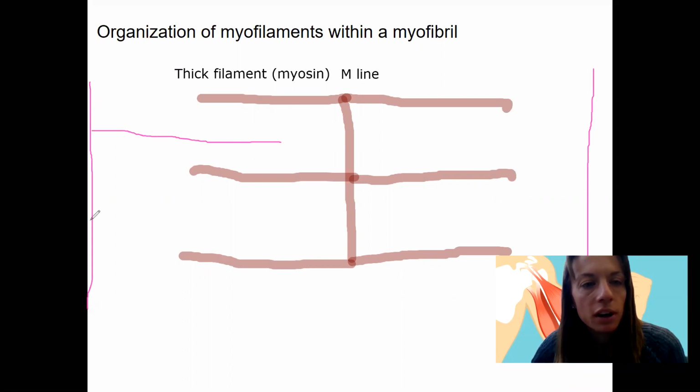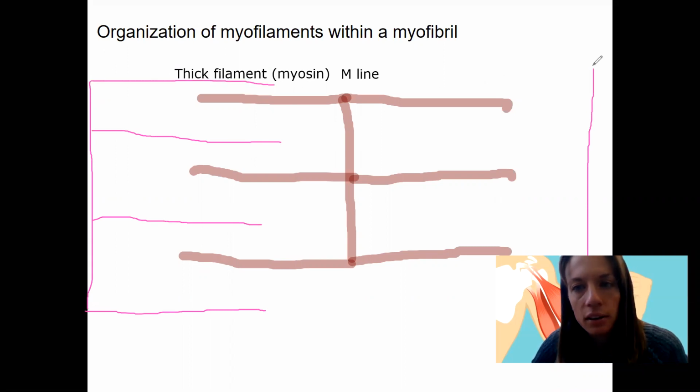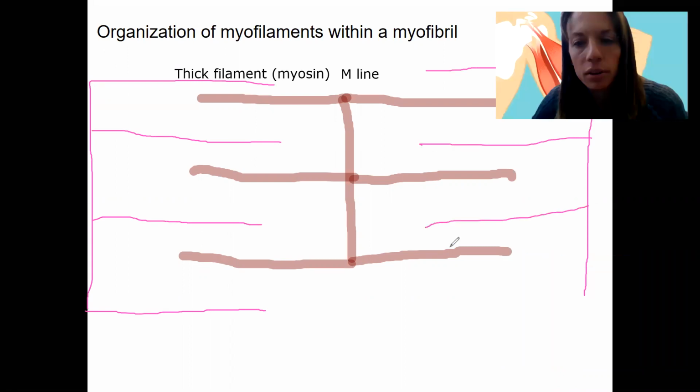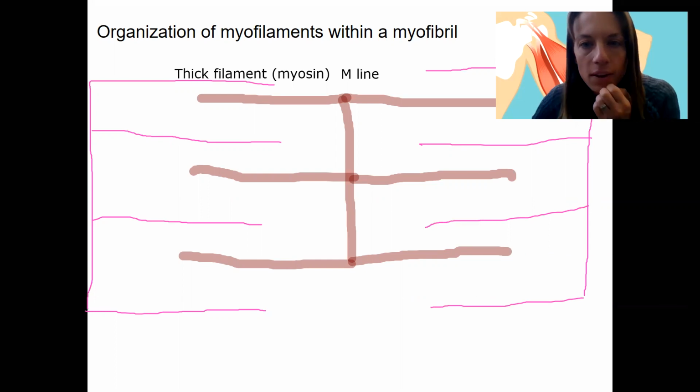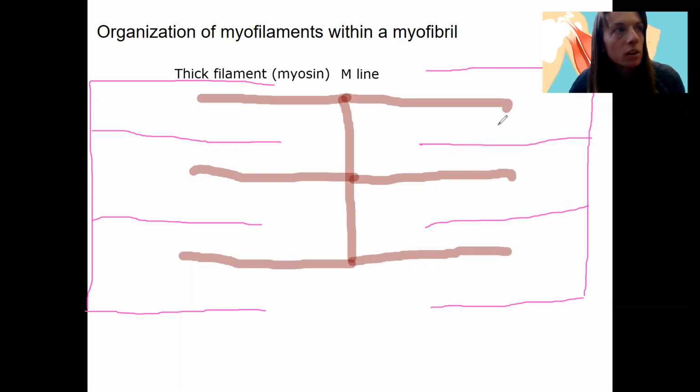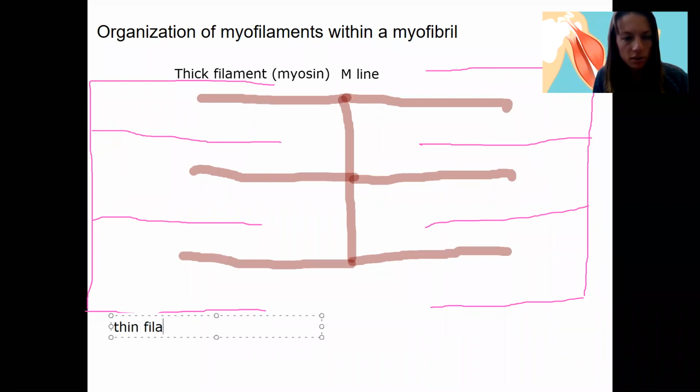And then we've got the thin filaments, which is primarily actin, is the bulk of this. And those thin filaments are going to overlap with the thick filaments. So here we've got our thin filaments, mostly actin, but also troponin and tropomyosin.